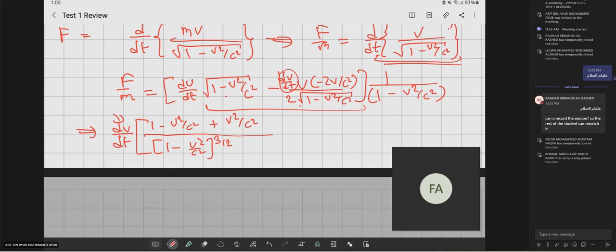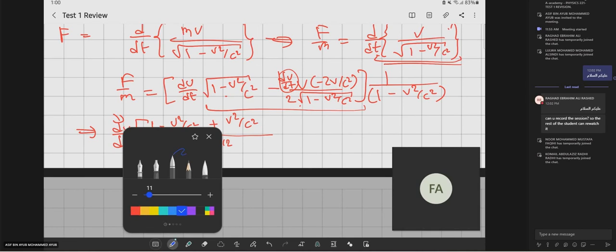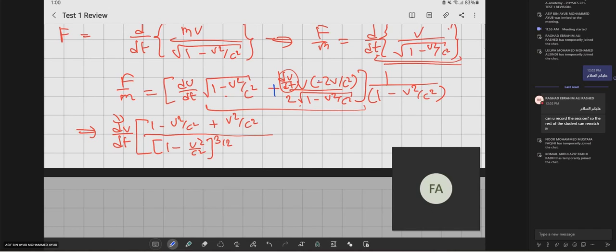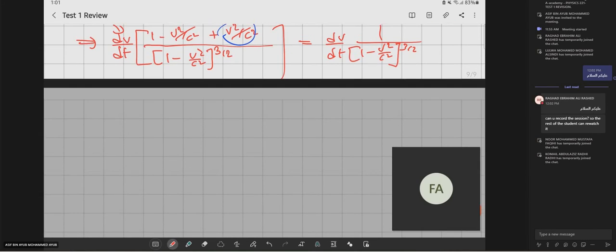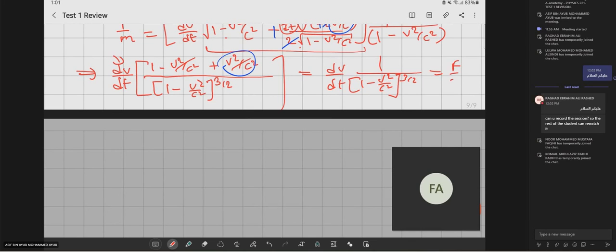You can verify this. Well, let me show you how I got this. The minus and minus becomes plus. 2 gets cancelled, so I'll have only v squared over c squared left. Okay, so here v squared over c squared gets cancelled out. So I'm only left with dv by dt times 1 over 1 minus v squared over c squared raised to 3/2. Okay, so this whole thing equals F over m.